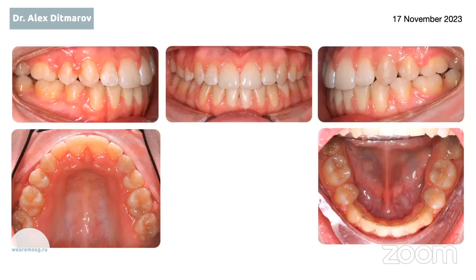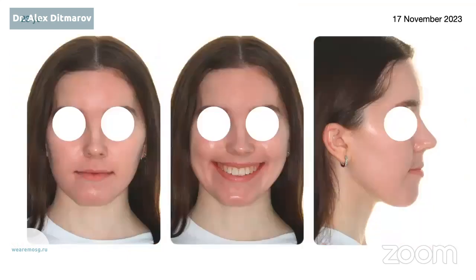I'm using an extended lower fixed retainer from premolar to premolar to keep the extraction spaces closed. And I think this is an absolutely nice camouflage dental result. What do you think? This is how she looked facially. Yes, there is some mandibular asymmetry, but we agreed that we will accept it.